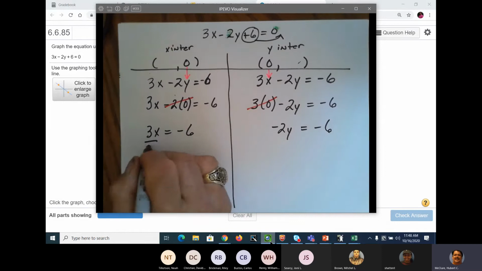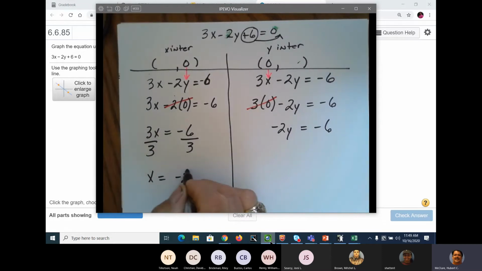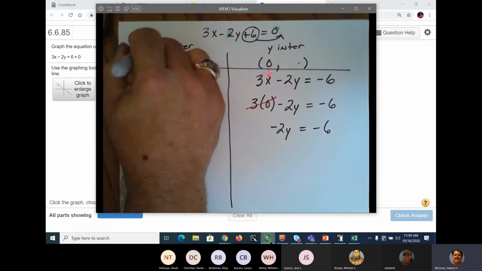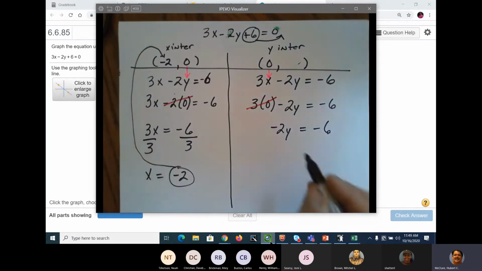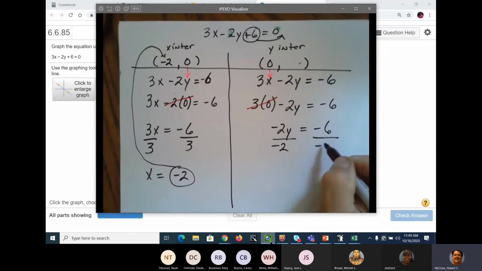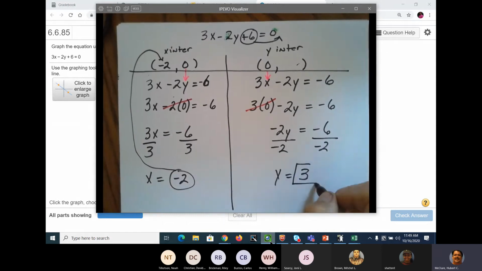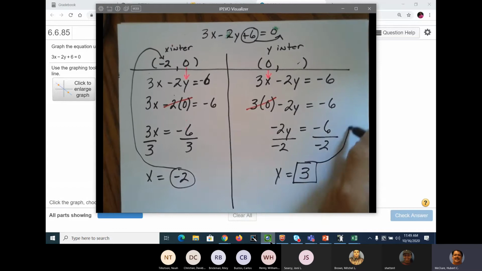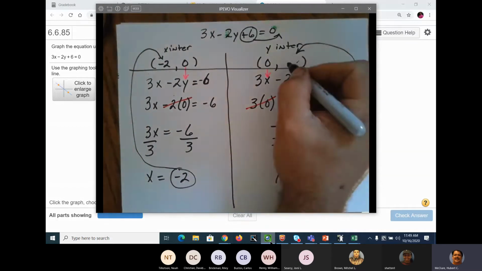Divide by 3. X is equal to negative 2. Divide by negative 2. And y is equal to 3. Of course, some people are going to forget that negative 2 and they're going to get the problem wrong because they divide by 2.